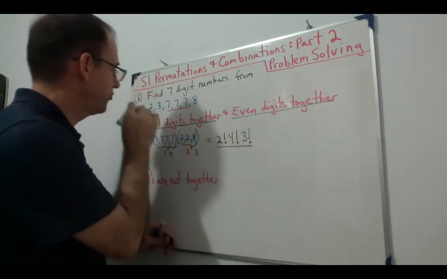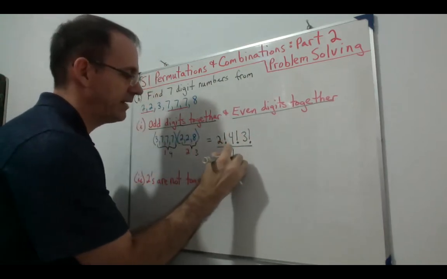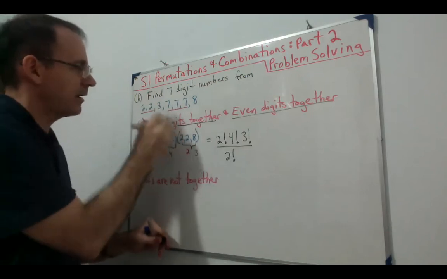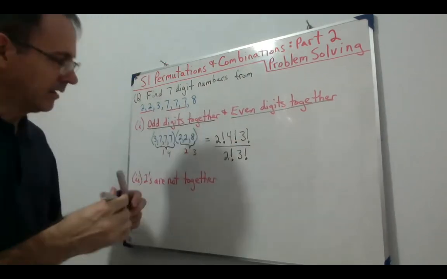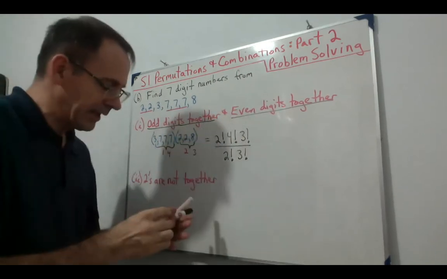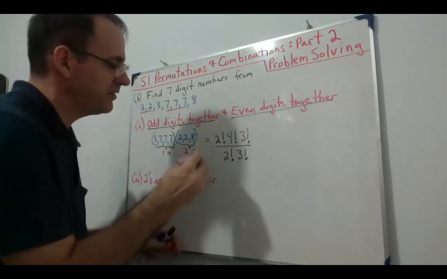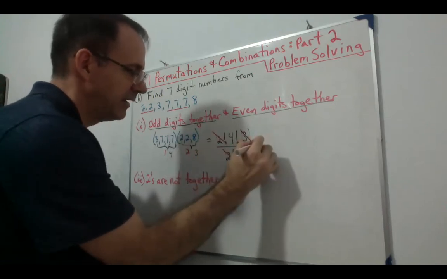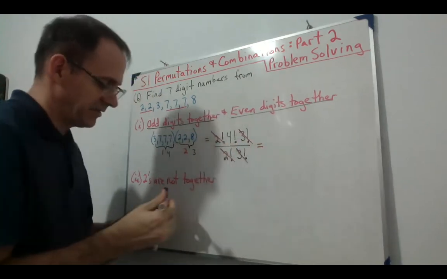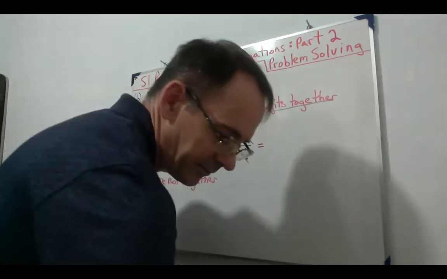So there are 2 2s, so we need to divide by 2 factorial. And there are 3 7s, so we need to divide by 3 factorial. So you can either multiply all that out, or you can see that the 2 factorials cancel and the 3 factorials cancel, which basically just ends up giving you the 4 factorial.